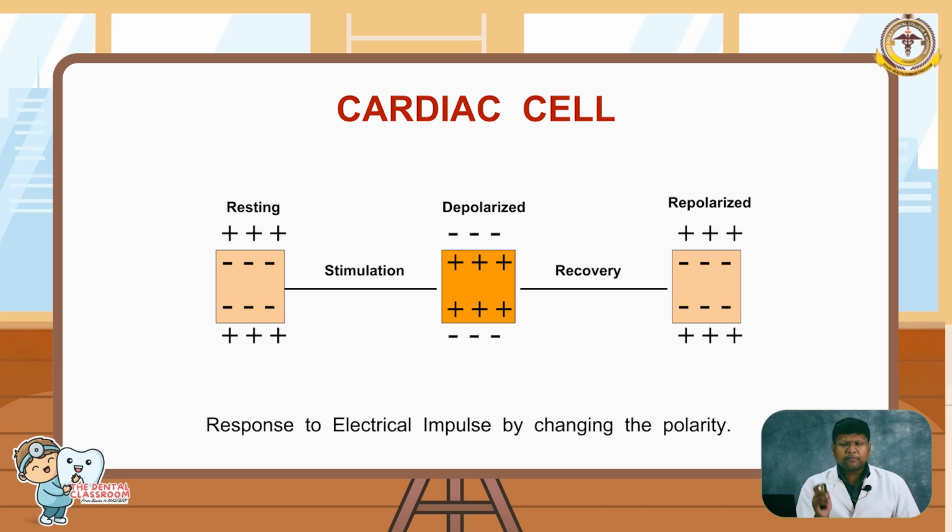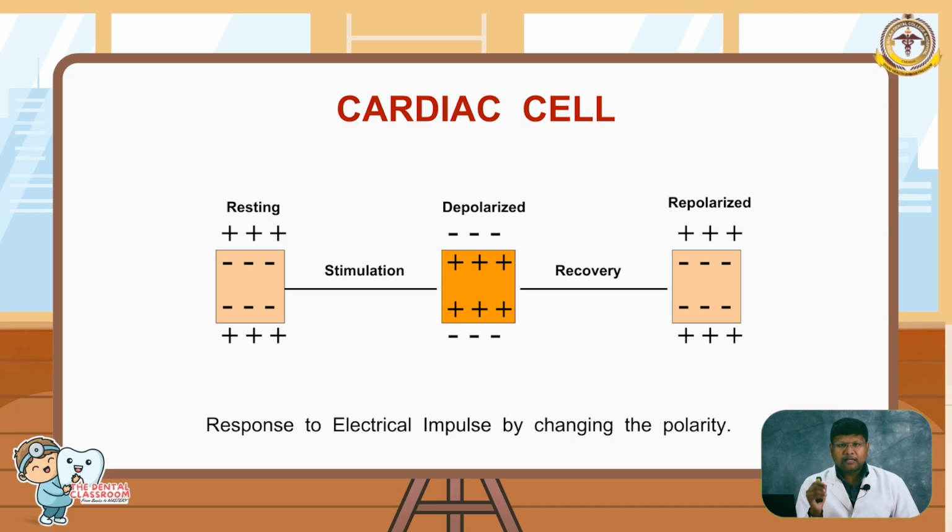To change this resting membrane potential, you need to give some electrical stimulation. When an electrical stimulation is applied, a potential difference occurs intracellularly as well as extracellularly. The negativity inside will be converted into positivity, and the positivity outside will be converted to negativity. That is called depolarization.